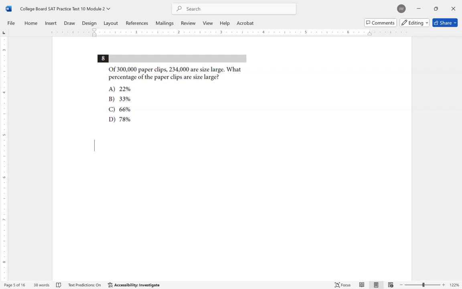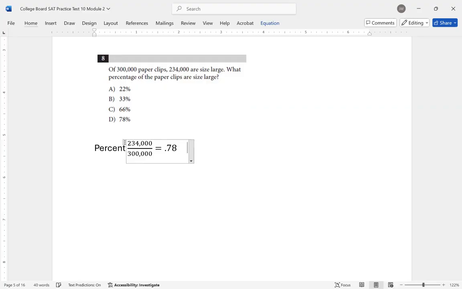So what you would do here, in order to find the percent, you take that 234,000 number, that's your number which are size large, divide it by the total number of paper clips, which is 300,000. If you did that, you would get 0.78.